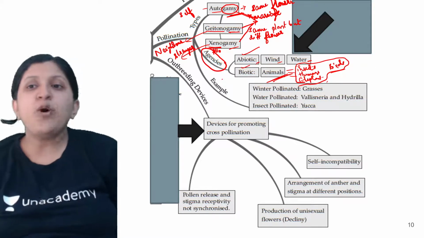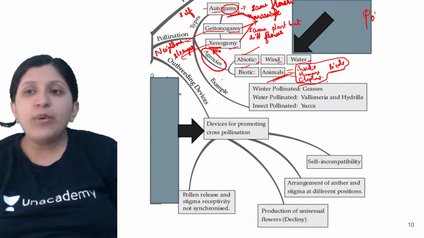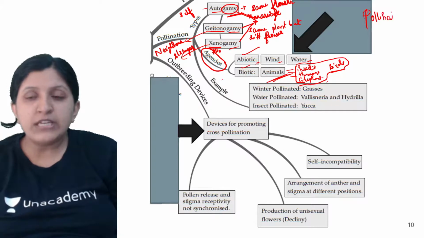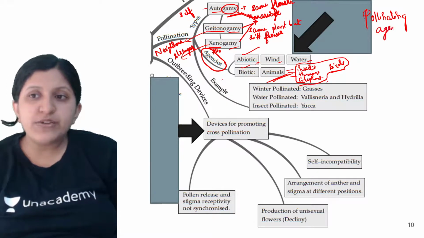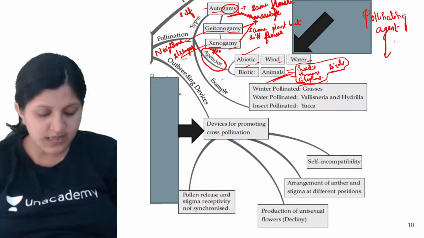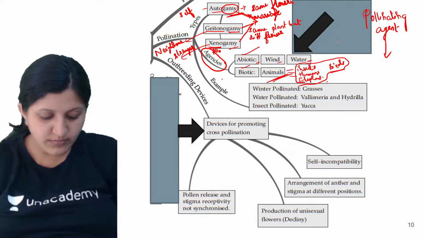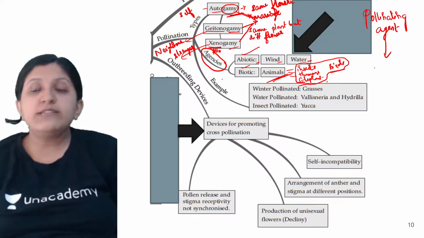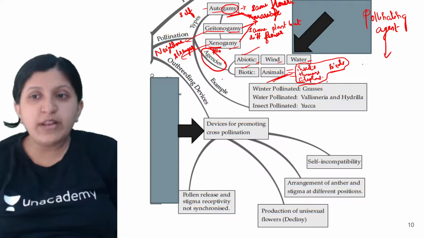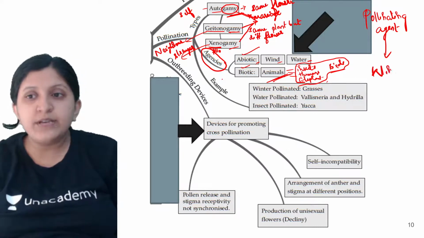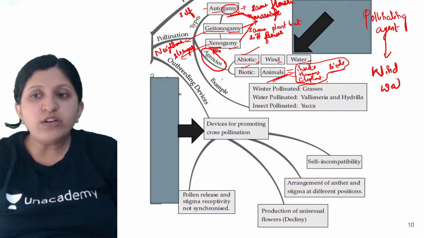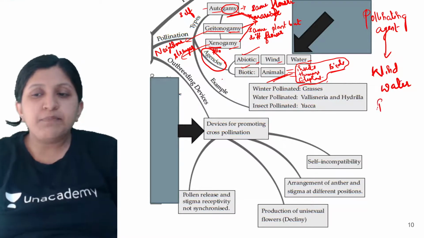So what is a pollinating agent then? These are the ones which transfer the pollen grain. In that case it is wind, and then water, and it can be an insect.